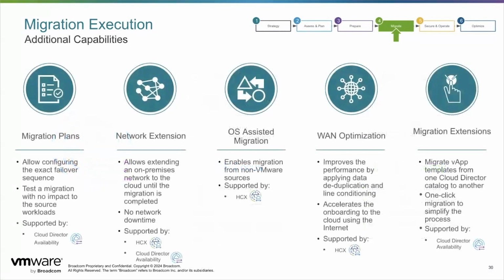And some of the additional features that both products offer that would make the migration smoother and can help in some more special use cases. We have the migration plan offered by Cloud Director Availability, which gives the tenant or the CSP, depending on who is performing the migration, the ability to order the workloads that will be migrated and to add in steps and to add waiting times or manual checks between these steps.